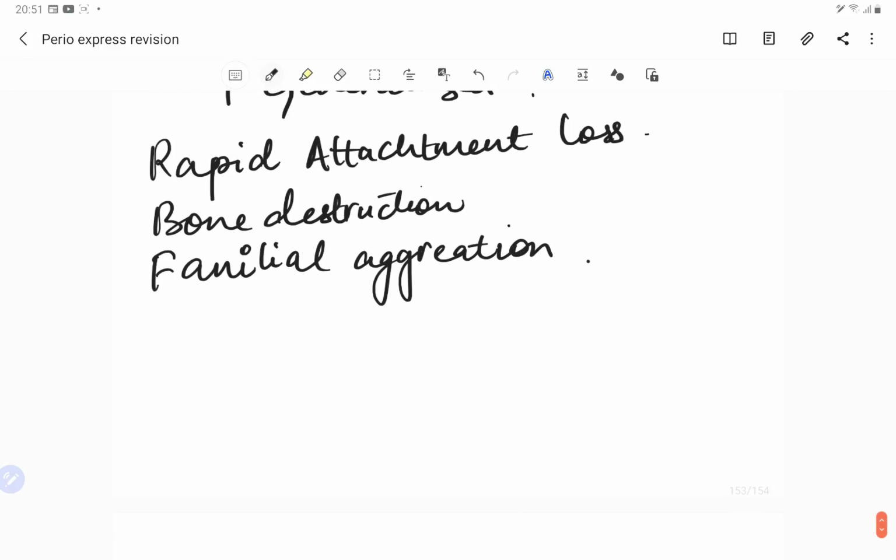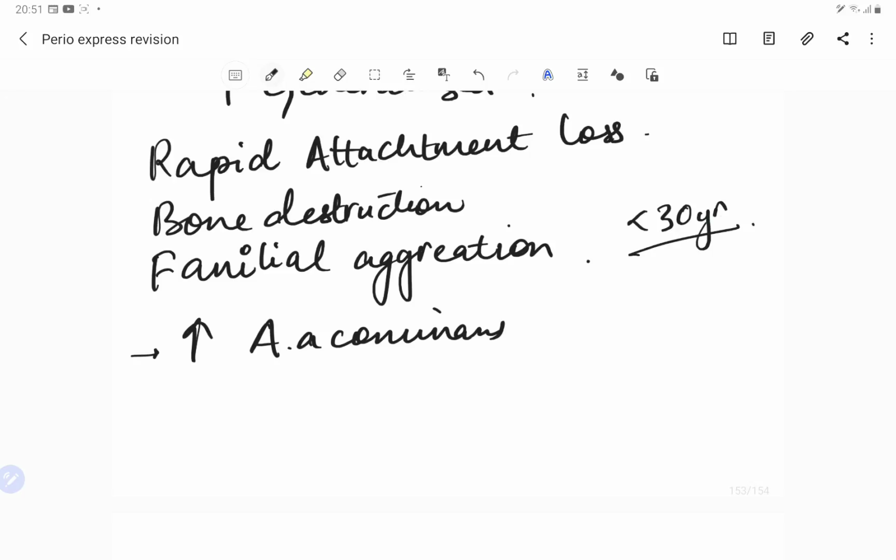There are certain other features, like an increase in A. actinomycetemcomitans. Sometimes in some patients there can be an increase in P. gingivalis also. So the common features of aggressive periodontitis: rapid attachment loss, destruction of the bone, and since this is aggressive in nature, it generally affects the less than 30 years age group. And there is a familial inheritance, so that means there is a genetic predilection.